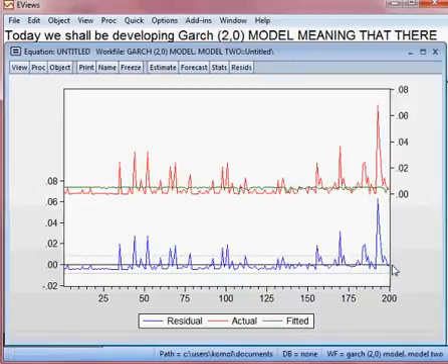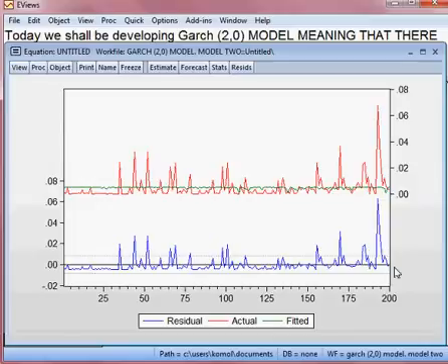And from here to here, that means from 150 days until 200 days, a period of high volatility is followed by a period of high volatility. So we can suspect that there is clustering volatility.